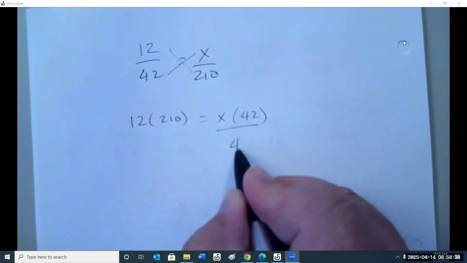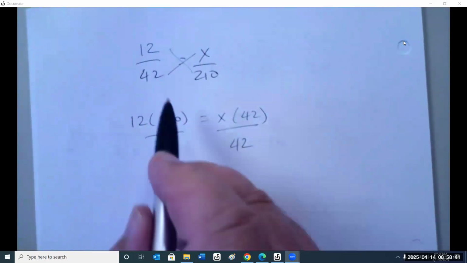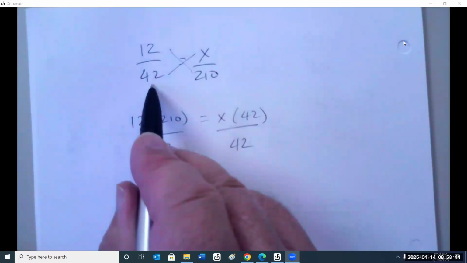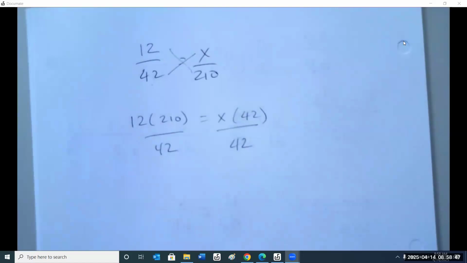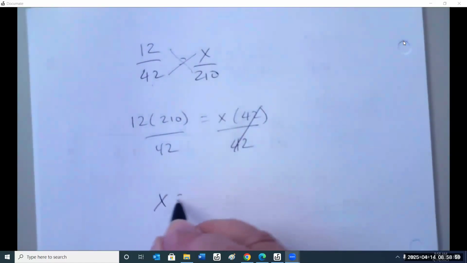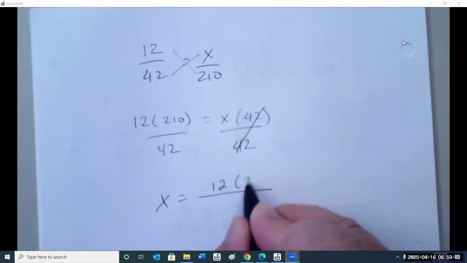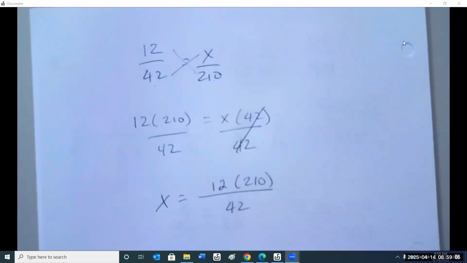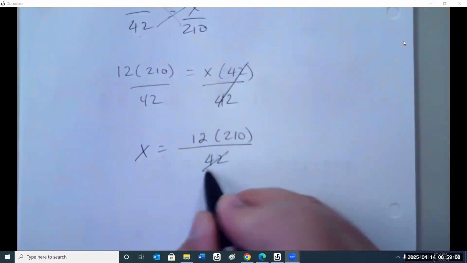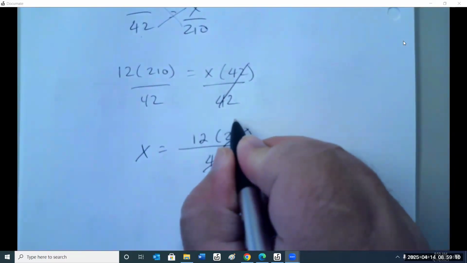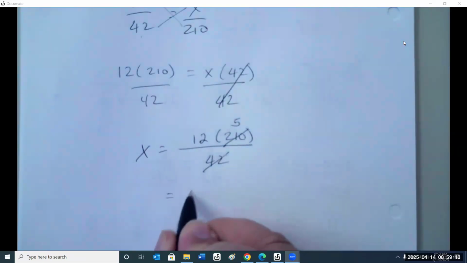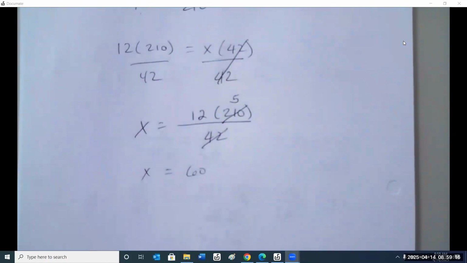Now we have to divide by 42 because we're looking for x. We just moved this guy back to where he was originally. To me, I've never understood cross multiplication, because you have to undo something, then put it back together where it was. So x is equal to 12 times 210 over 42. Well, we know that 42 goes into 210 how many times? That's another way.